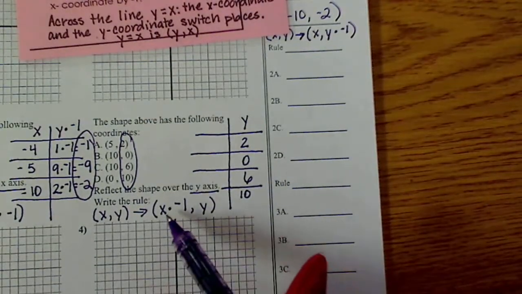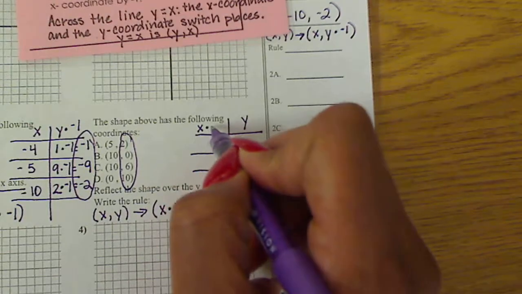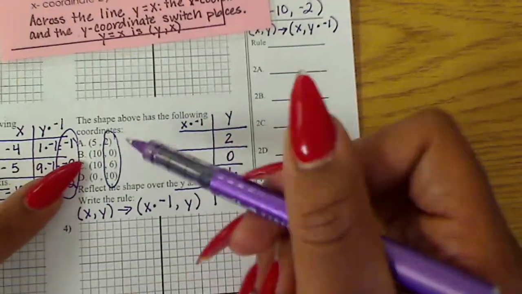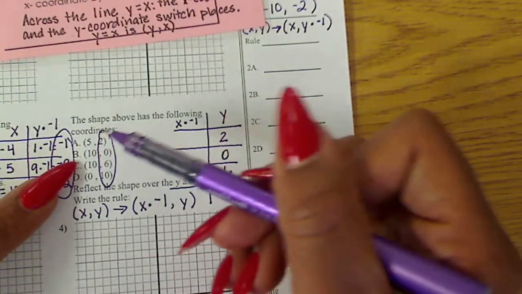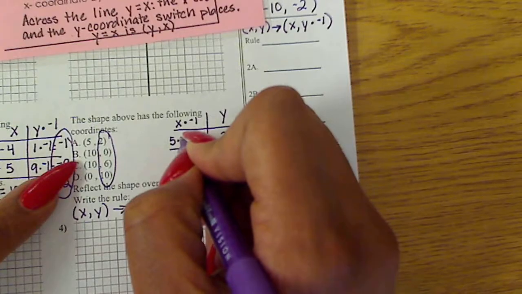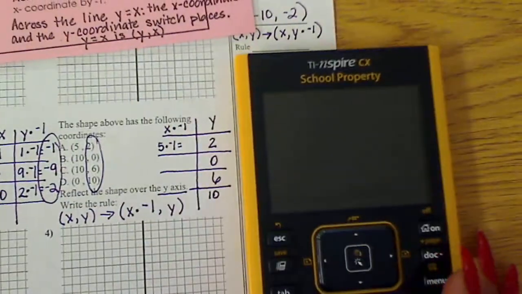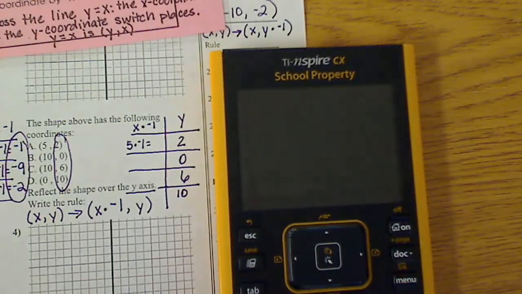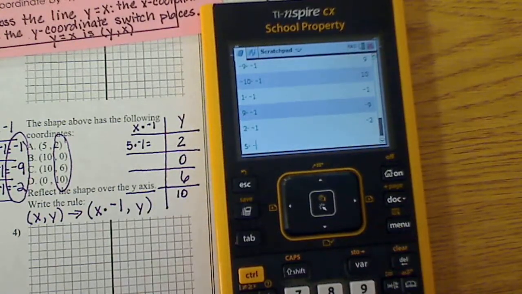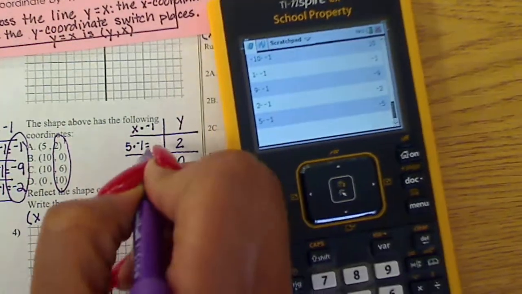With my x coordinates, I'm simply going to multiply my x coordinates times -1. So on point A, where I have 5, x is 5 times -1. Just put that in my calculator. No need to do anything in your head. 5 times -1 is -5.